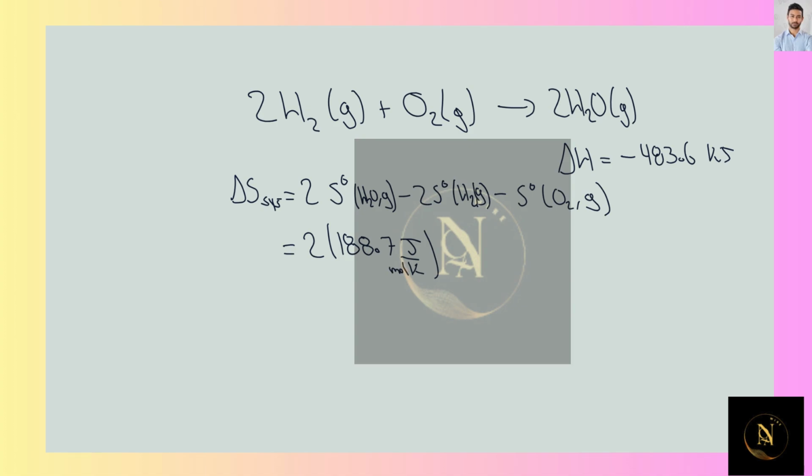Well, let's put it directly in mole Kelvin. Minus 2 times the value for hydrogen gas, which is 131.0 joules per mole Kelvin. And finally, the value for oxygen is 205 joules per mole Kelvin.